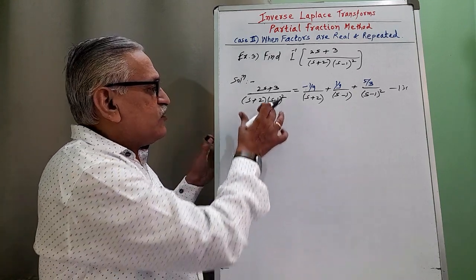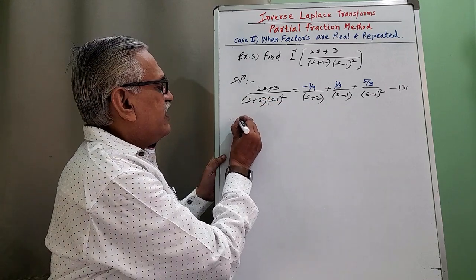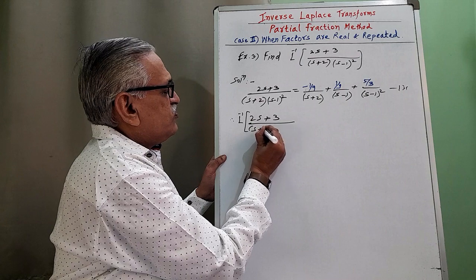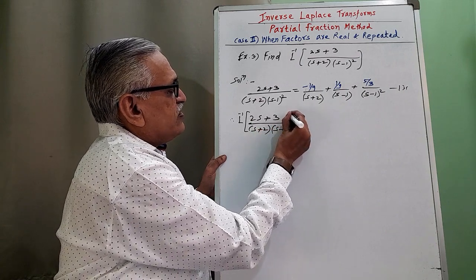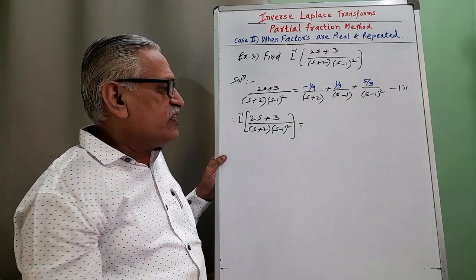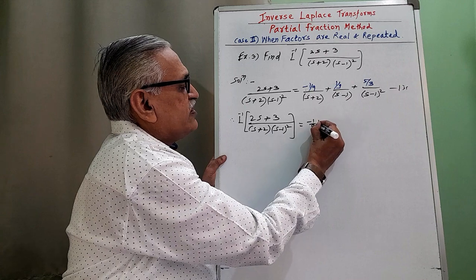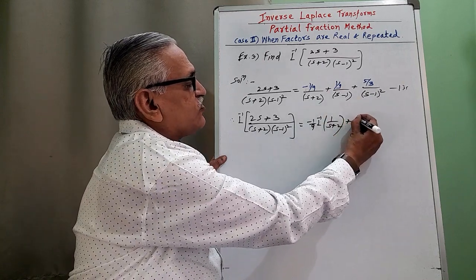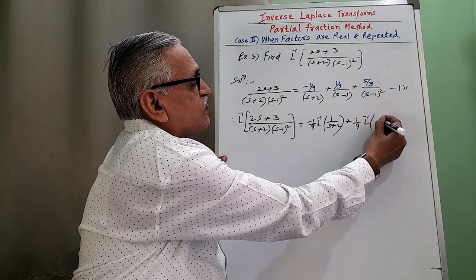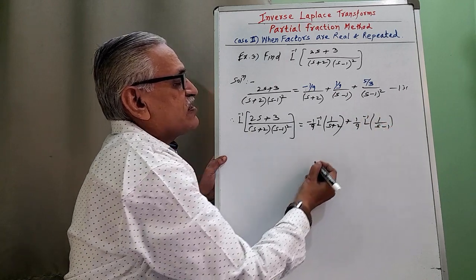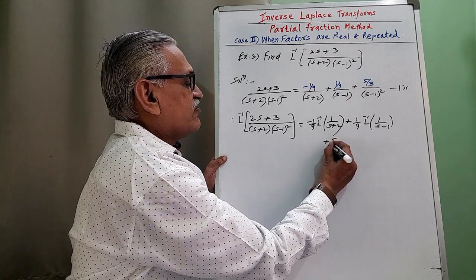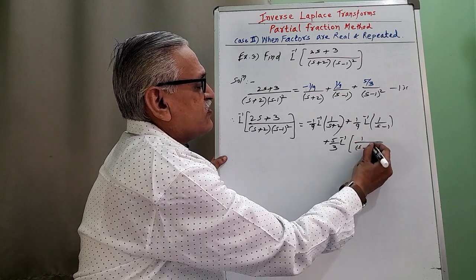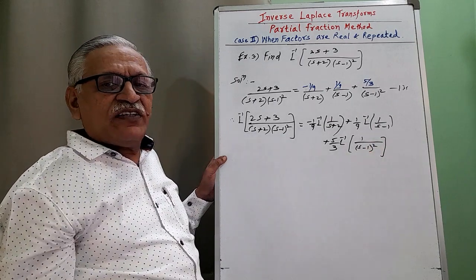Taking inverse on both sides, inverse of left hand side and inverse of right hand side, we get inverse of left hand side is (2s plus 3) whole divided by (s plus 2) and (s minus 1) whole square, and inverse of right hand side, individual inverse, we get minus 1 by 9 outside, inverse Laplace of 1 upon s plus 2, then plus 1 by 9 constant term outside, inverse Laplace of 1 upon s minus 1, then plus 5 by 3, inverse Laplace of 1 upon (s minus 1) whole square, and then using standard results.